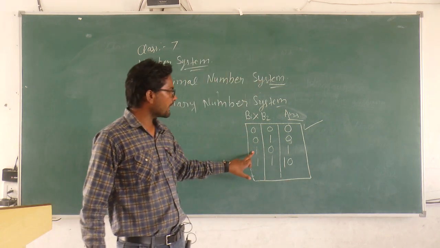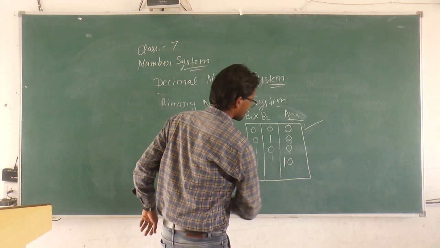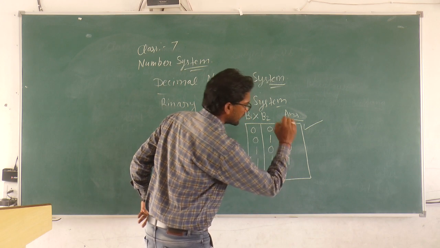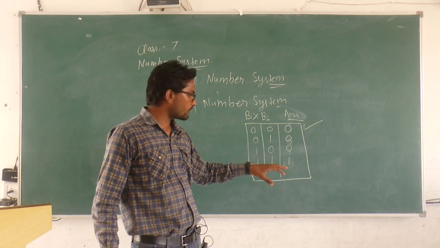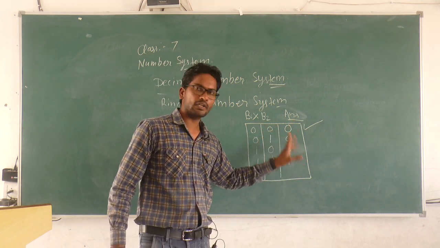Same. 1 into 0 is 0. 1 into 1 is 1. It means only in one state, where all are 1, the answer will be 1. In other states only 0 will come.